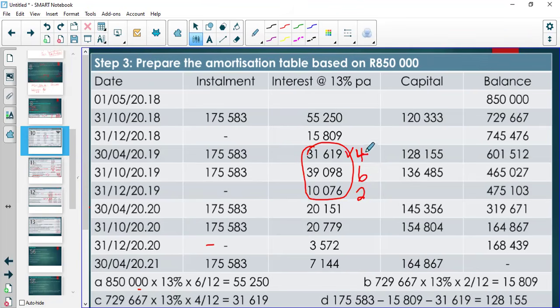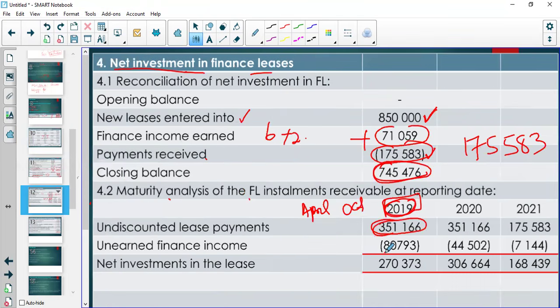This is for January, February, March, April 2019, 4 months. This is up to 31 October, 6 months. This is November, December, 2 months. So we're going to determine how much interest that will be. That will be 31,619, plus 39,098, plus 10,076. So we have 80,793.